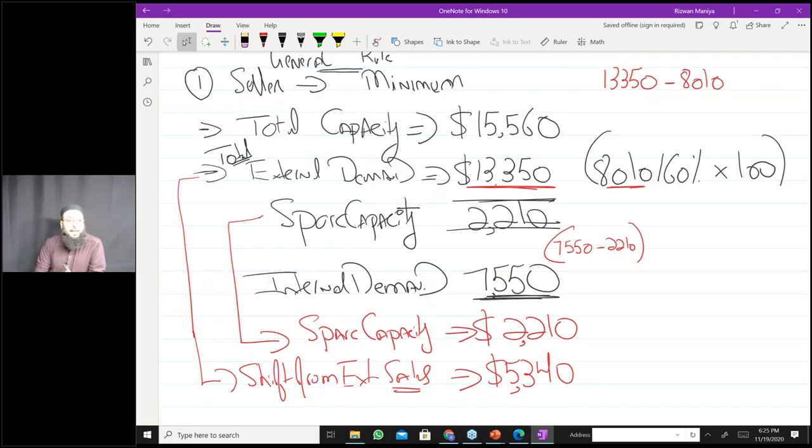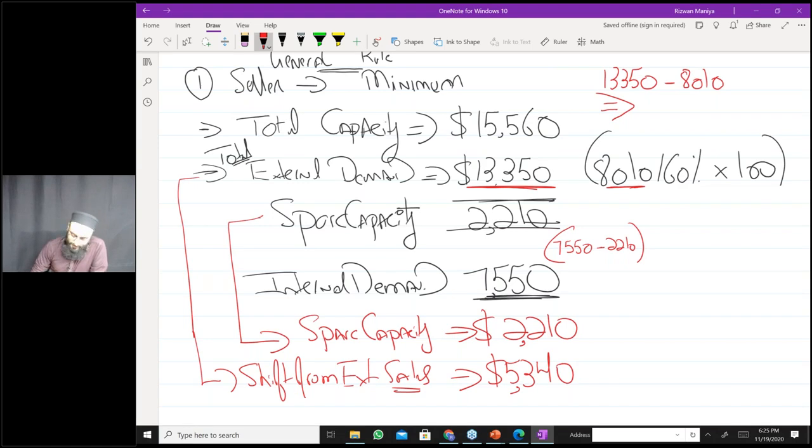You fulfill 8010. Now, can you calculate the difference of these two figures? And you will be shocked to see. 5340. Have you seen this figure a few minutes before as well?